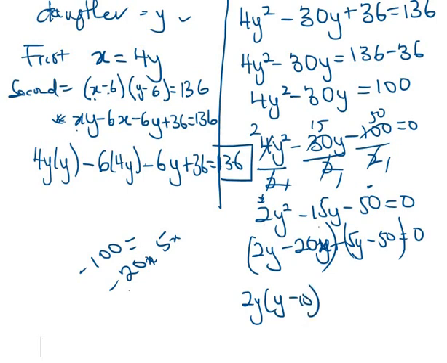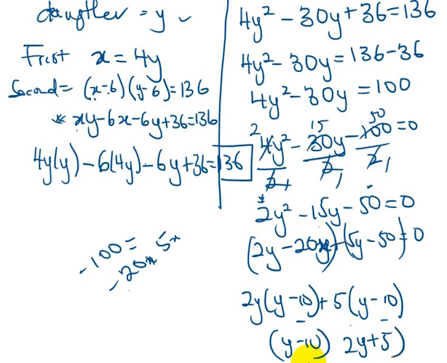Mind you, for the second group too, we have to get y minus 10. So here we will factorize plus 5 out and we'll get y minus 10. So this and this brackets are the same. So we're going to get y minus 10 in one bracket and 2y plus 5 in another bracket.